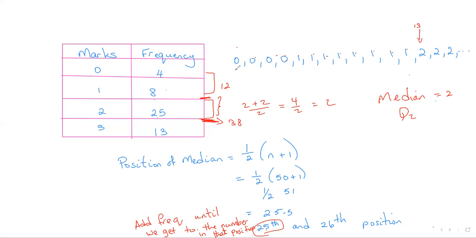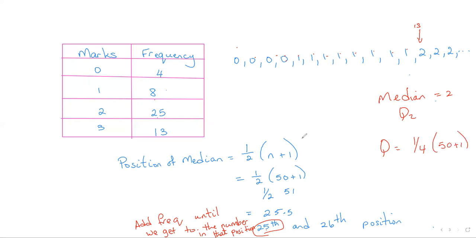Now, if I had to find Q1, I'll do Q1 just to make sure we're clear on it. Same thing, but Q1, we understand that that's a quarter position of all the numbers. So you found what was 50 plus 1, right?